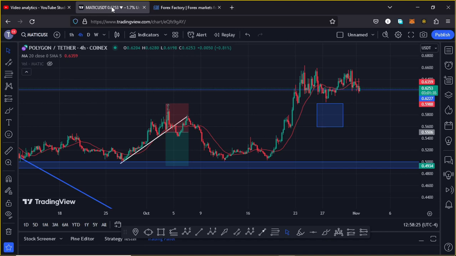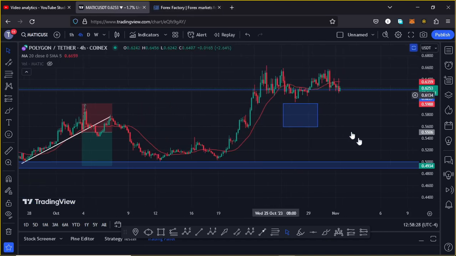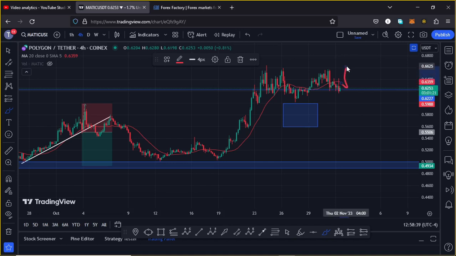And at the time of this recording, you can see that Matic is holding above our key area of support at around the $0.6227 mark, which is now acting as support for us to continue gearing up. We are also holding below the 20-day MA here on the 4-hour chart, which is now acting as a resistance.